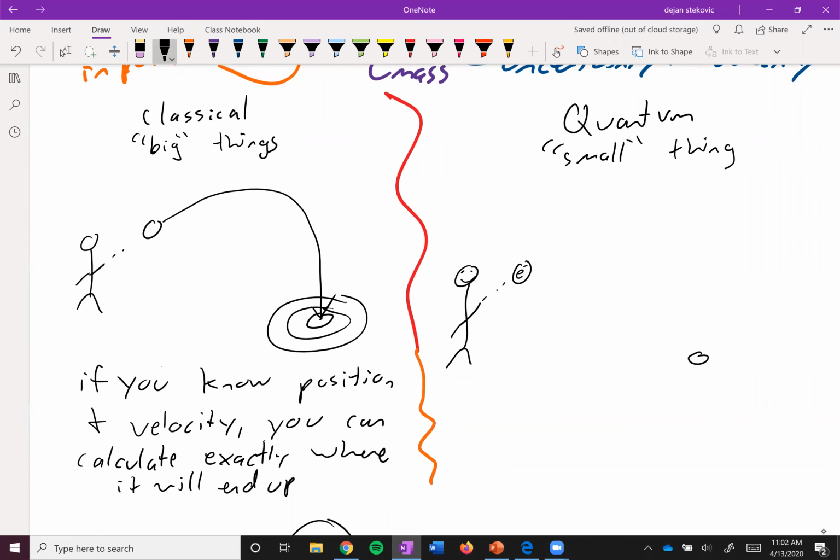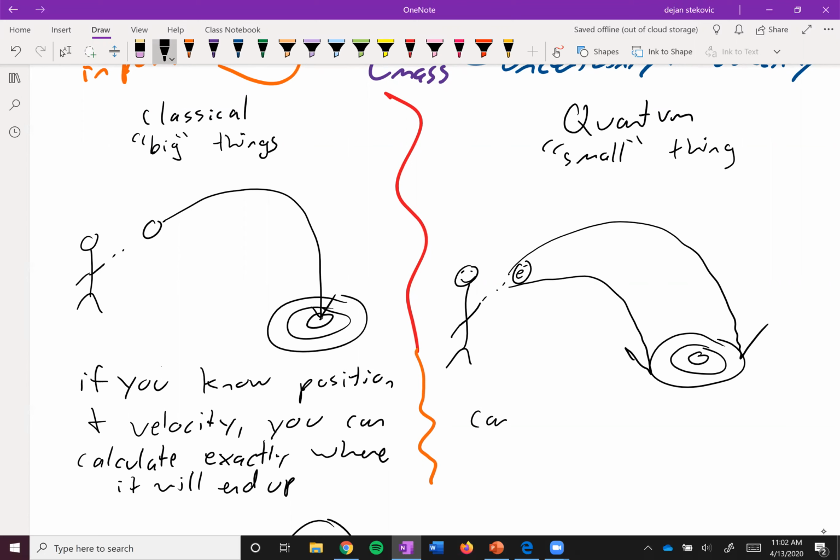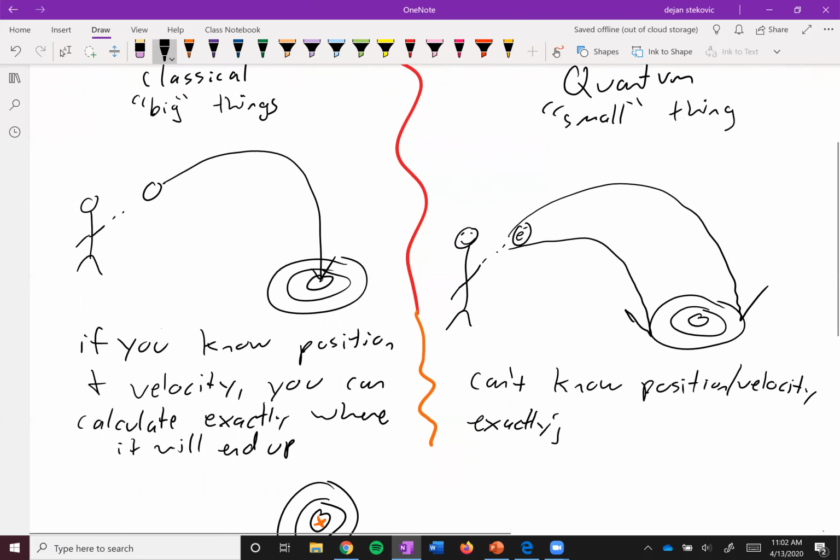So if we think about where it's going to land on our target, we have uncertainty in both, and we can't tell you exactly where it's going to end up.